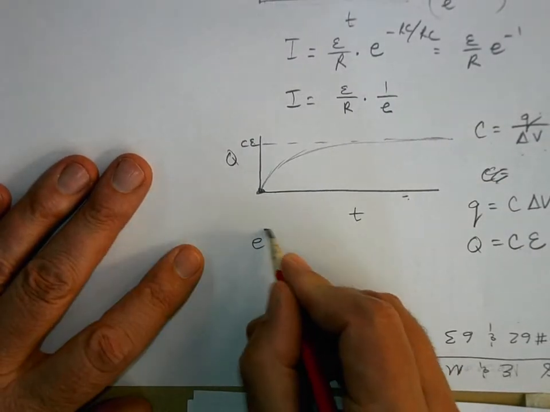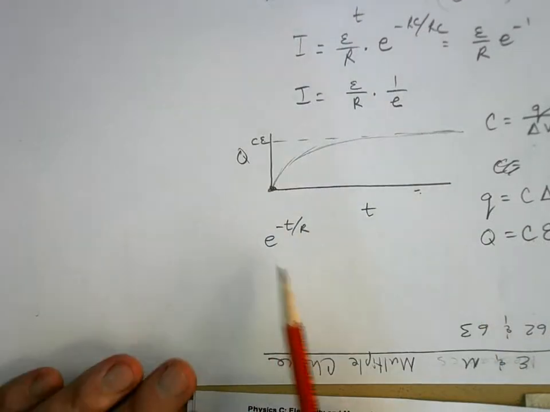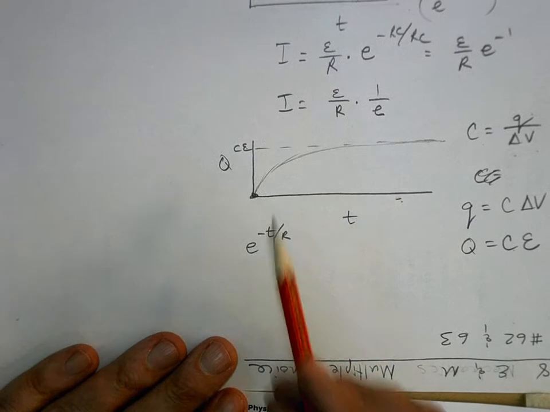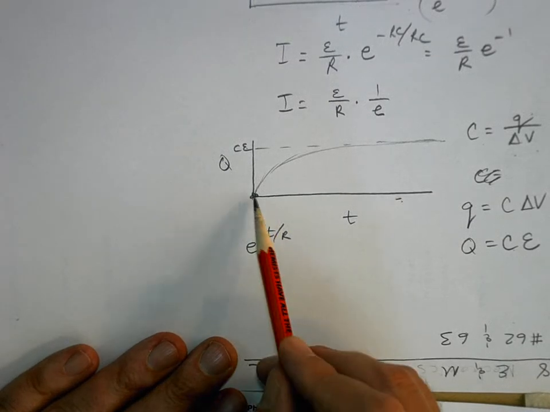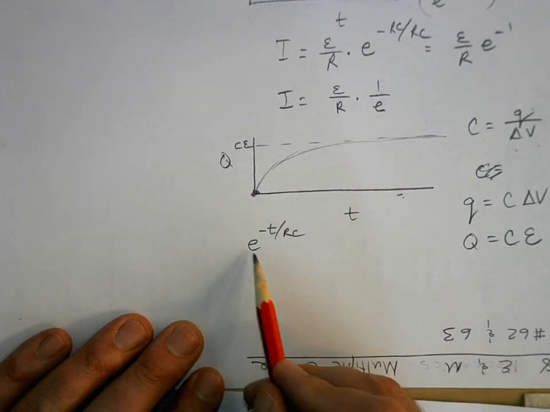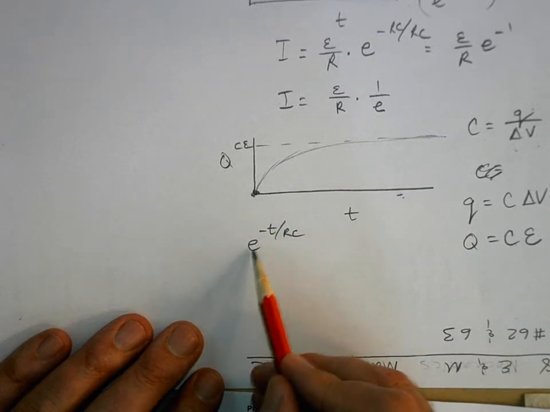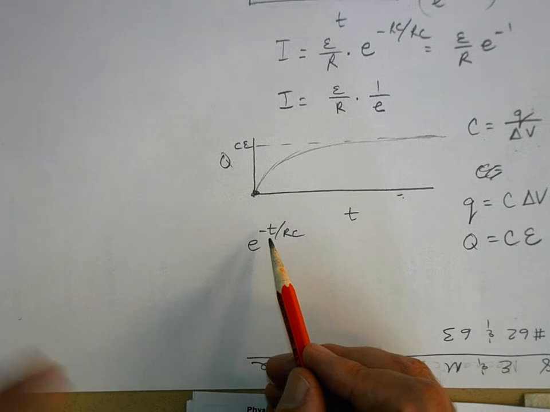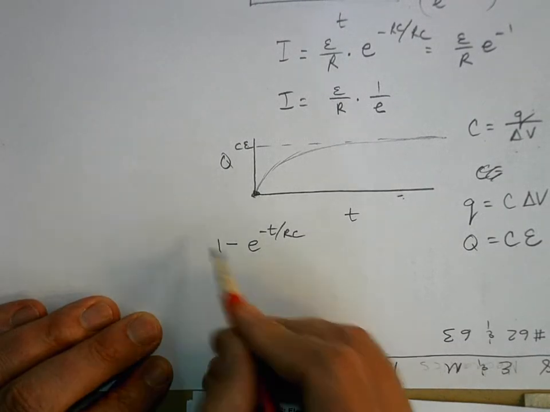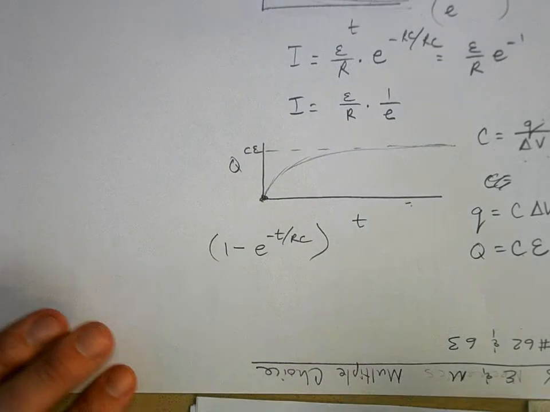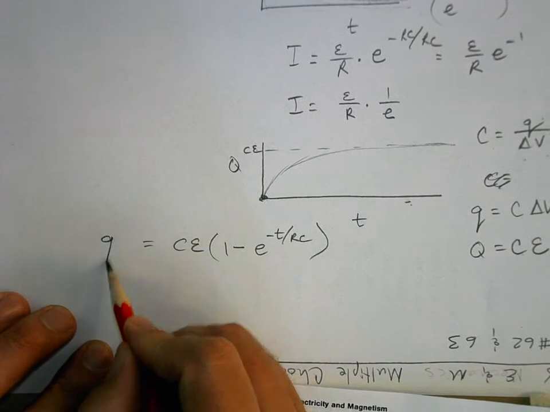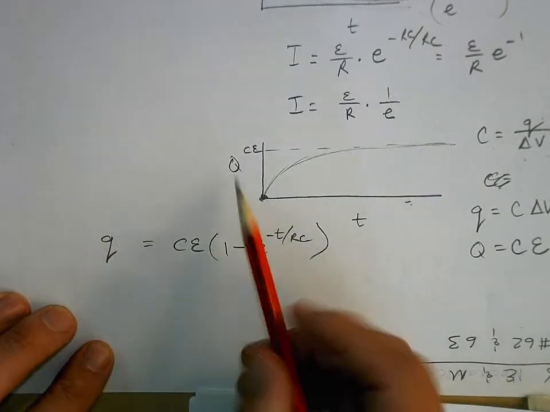Well, it's e to the negative t over RC. If you have a discharging capacitor, you just have to remember that. And now I want it, at t equals 0, to start at 0. Well, when t is equal to 0, e to the 0 power is 1. So if you want it to be 0, you have to go 1 minus that. And then we have the maximum charge, CE, over here. And this is equal to the charge as a function of time for this circuit.